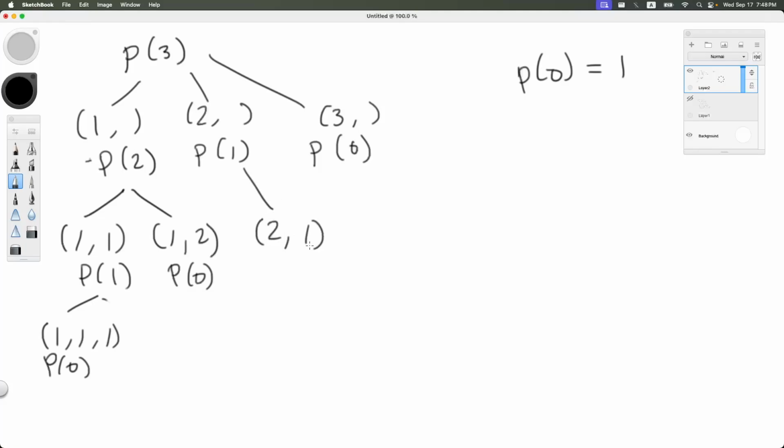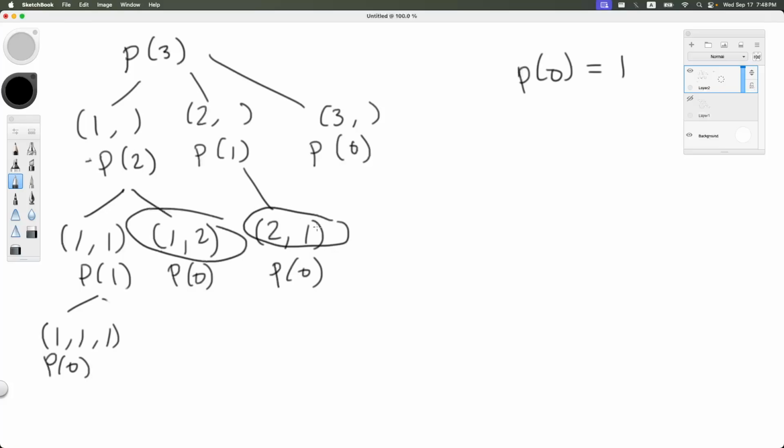2, 1. Then we partition 0, so this is equal to 1. But we have a duplication here. We mentioned that order does not matter. These are unordered partitions.